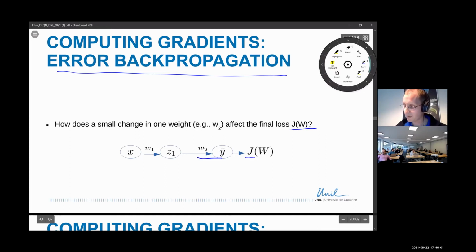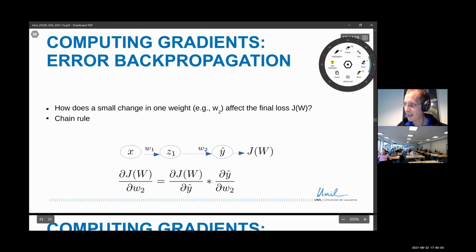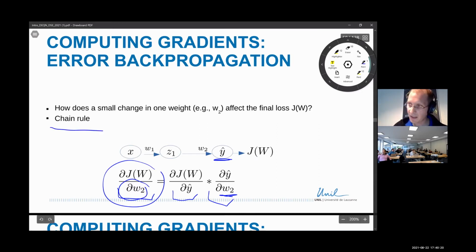So we have J, and we would like to know, say, J with respect to parameter 2. That would be the partial of J over dy times the partial dy over d2. And this gives me the loss function. This so-called error backpropagation is just an application of the chain rule.